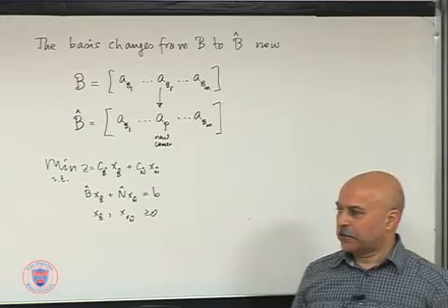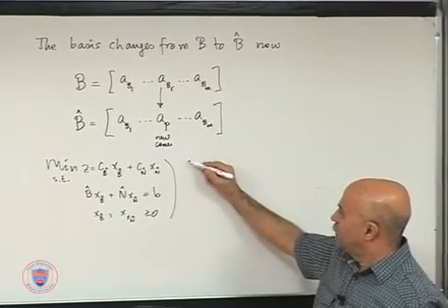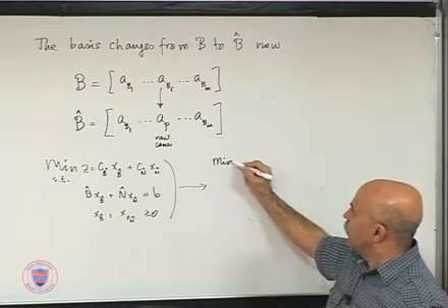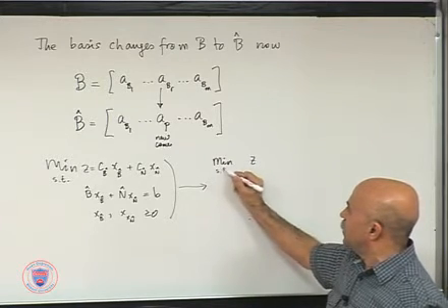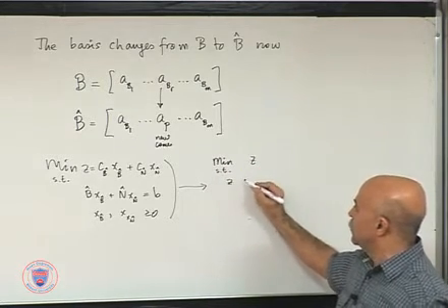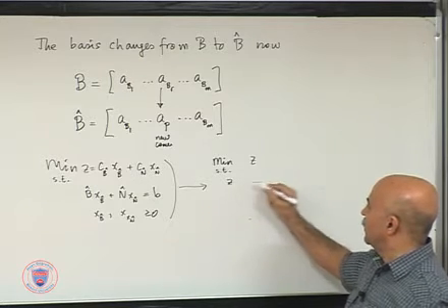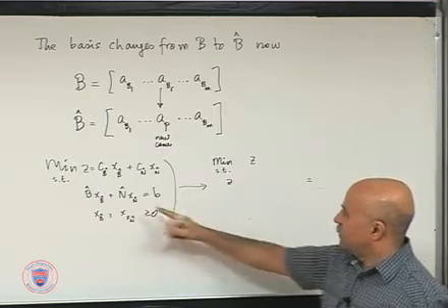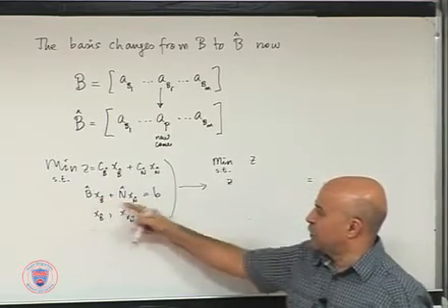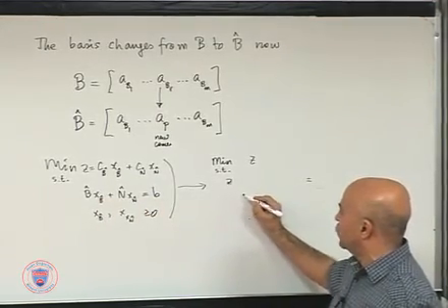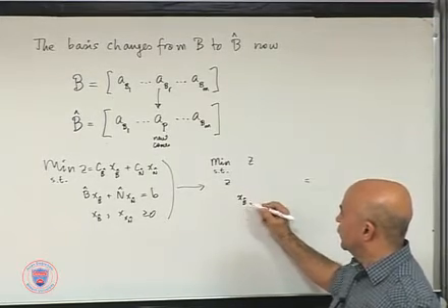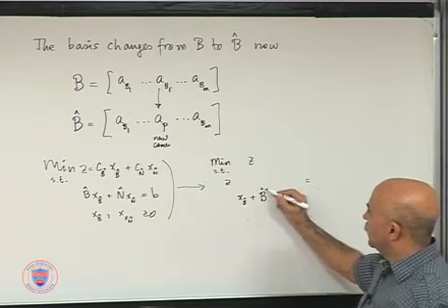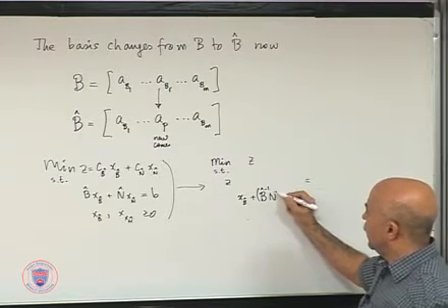Okay, the objective function is also modified. So we work with the system that looks like minimization of z subject to z is equal to something. I'm going to leave that blank for now. And the lower portion is going to be pre-multiplied by B inverse, which will output x_B cap relative to the new basis, plus B cap inverse times N cap.